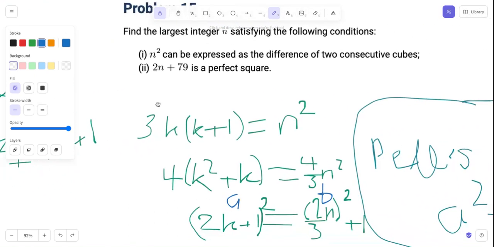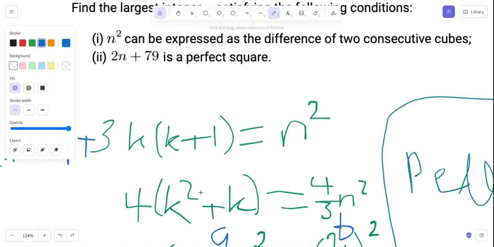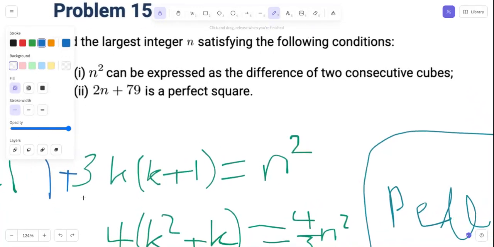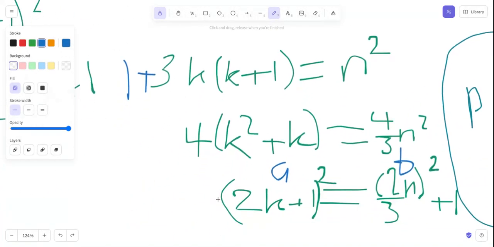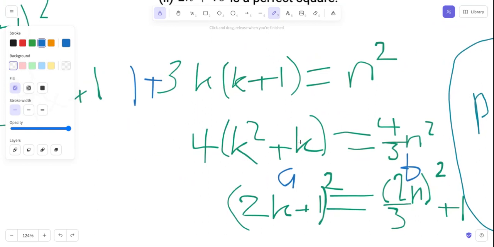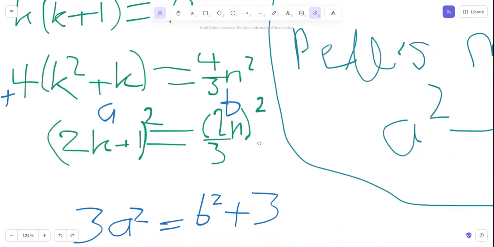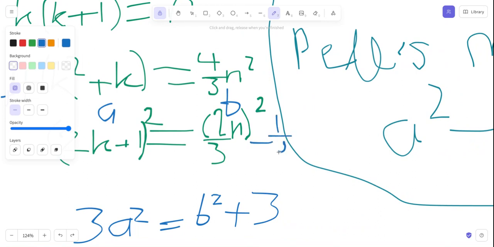Of course, I forgot the very important part. There's actually a plus 1 here. So it was 3k squared plus 3k plus 1. I'm very sorry. If you multiply by 4/3 and then subtract 1, we actually get minus 1/3.